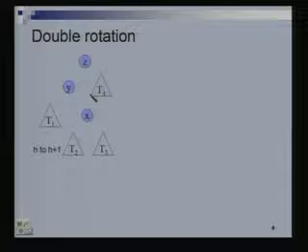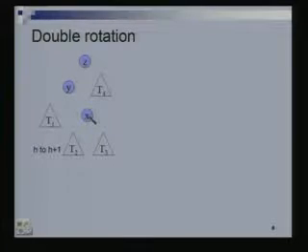Okay, so let us repeat the argument that we had. Once again I am assuming that the insertion happens here. It could happen in any one of these, but again it's symmetric. Let us assume it happens here. So this height went from h to h plus 1. What about the height of this one?